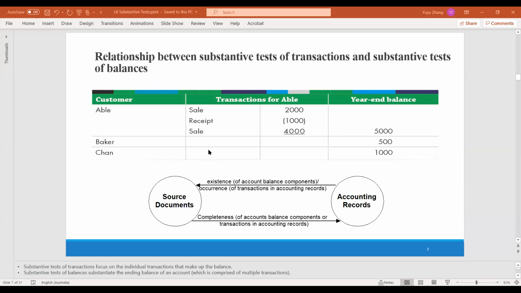For example, here we look at a very simple company. They only have maybe three transactions and some end of year balances.